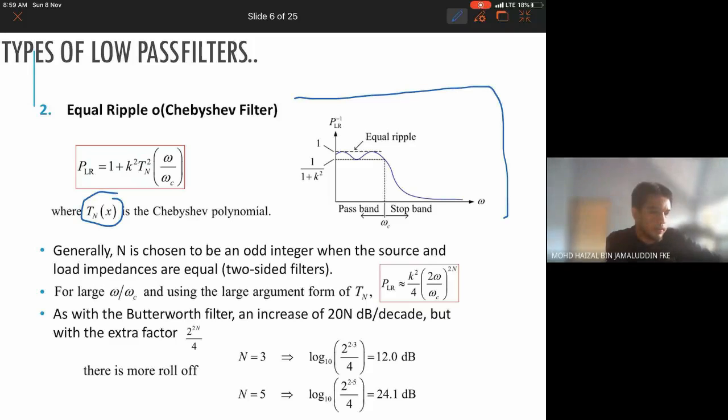So the frequency response, here we have the ripple, where the 0.531 dB, so you can use it, okay, where the amplitude is 1 and 1 plus k to the power of 2.